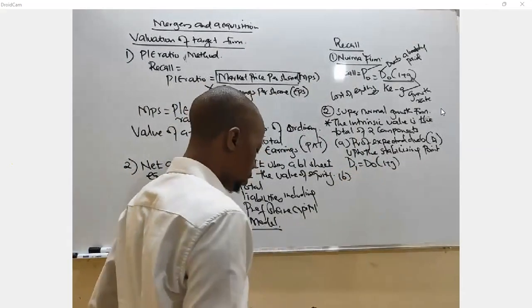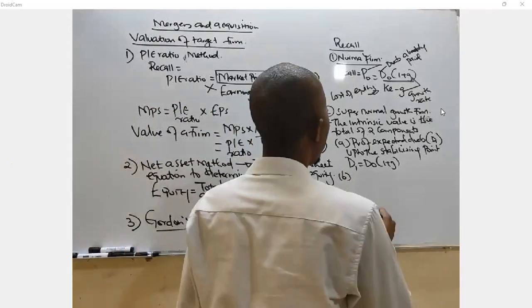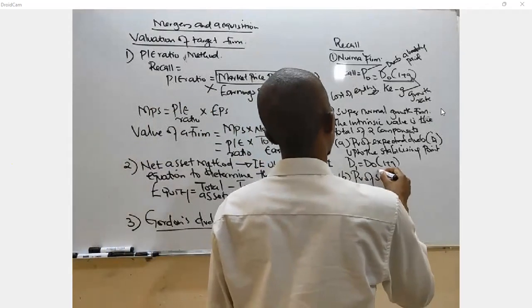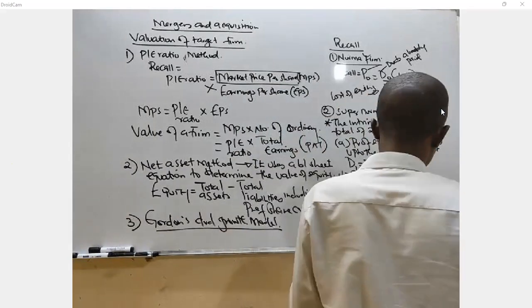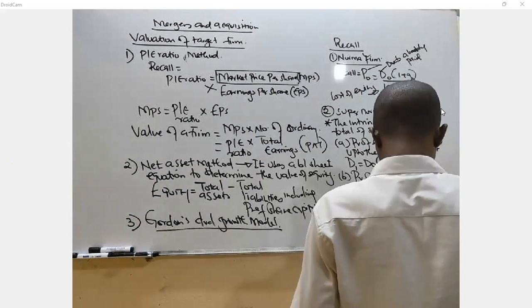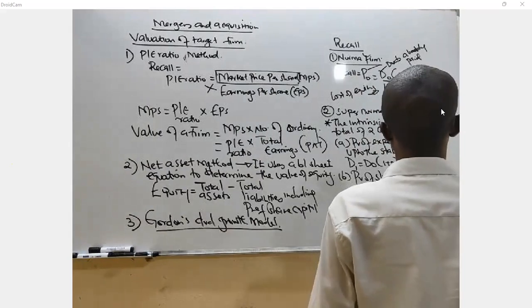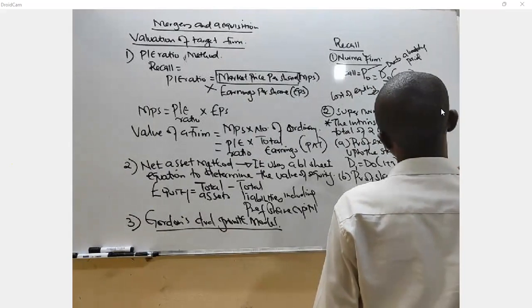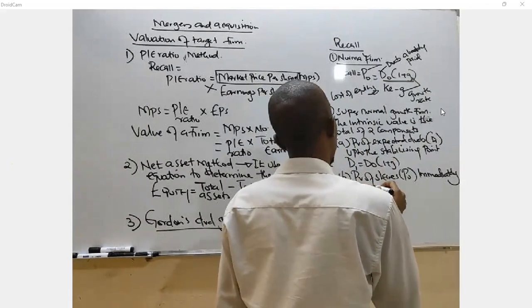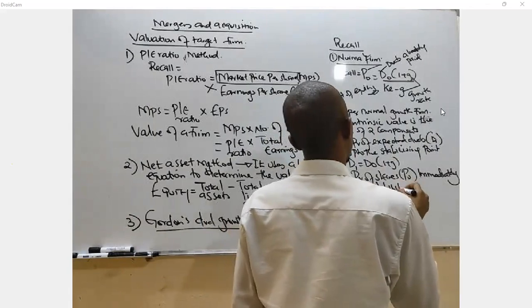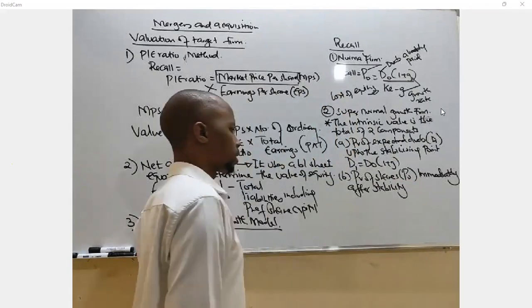Then number two, we used to talk about the present value of shares, that is P0, right? We are saying immediately after stabilizing, after stability.